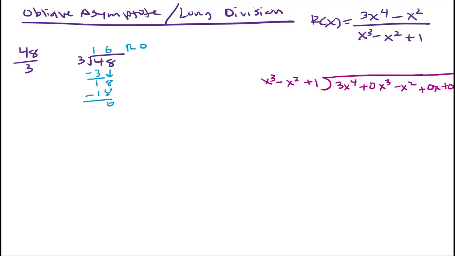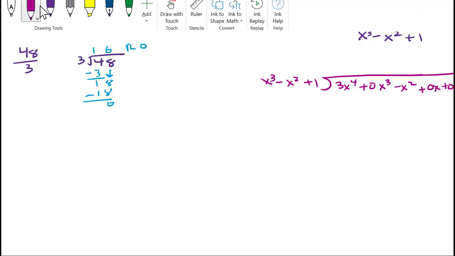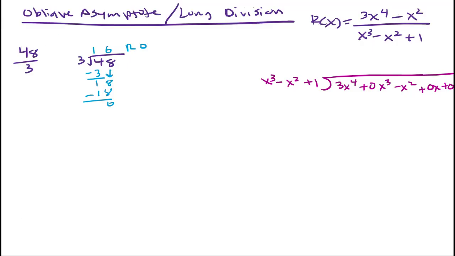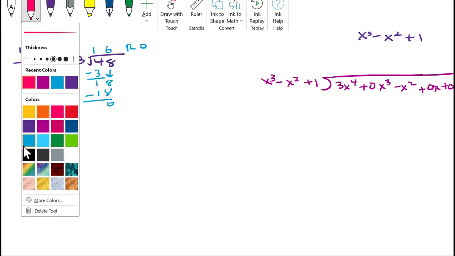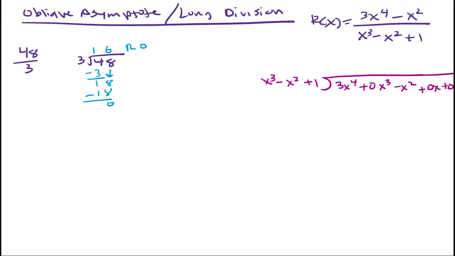Okay, so what I want to do here is I want to match, okay? I want to match the leading terms. So I have x cubed and I have the 3x to the fourth. Okay, so I want to match these guys, x cubed and then 3x to the fourth. So what can I multiply to x cubed that will give me 3x to the fourth?